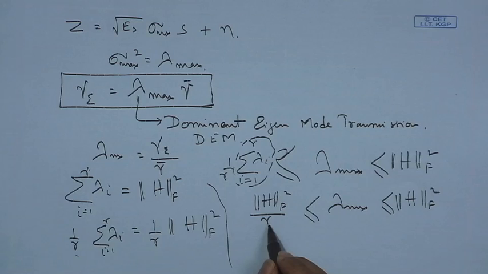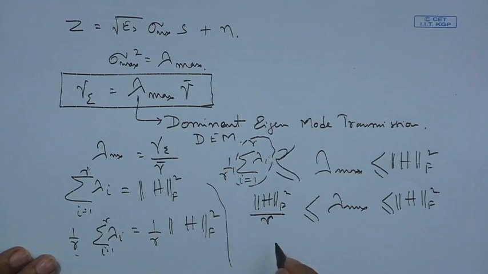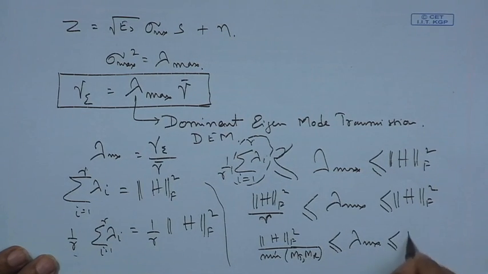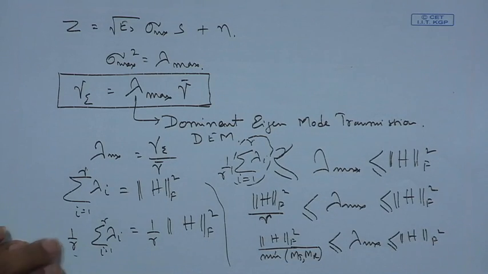Now r is the rank of the matrix. Rank of the matrix means the number of independent columns that is there in the matrix, or the minimum of MT and MR. So we would write this as the Frobenius norm of H squared by the minimum of MT, MR. This is the rank of the matrix times lambda max is less than or equal to the Frobenius norm of H squared. So this is what we have.